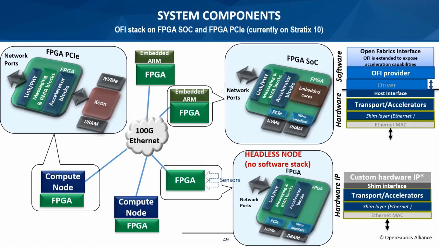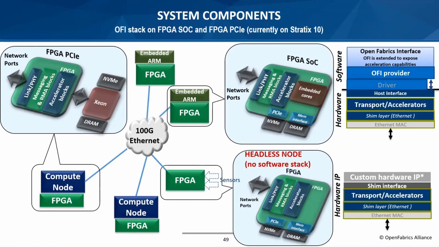As you move to the right side, you have an FPGA SoC model where there is no need for a separate Xeon processor attached to the FPGA. Instead, we make use of the integrated ARM that's available in a standard Stratix-class FPGA, and that ends up running the OFI stack. The software stack is, as everybody on the call knows, very portable.